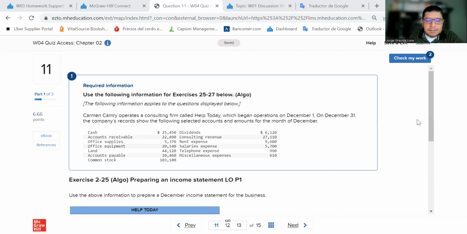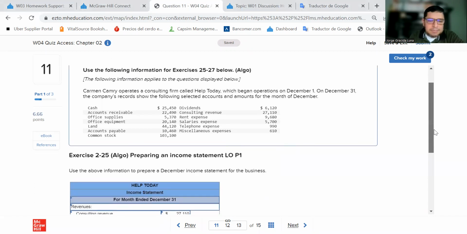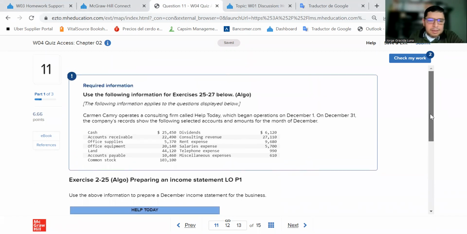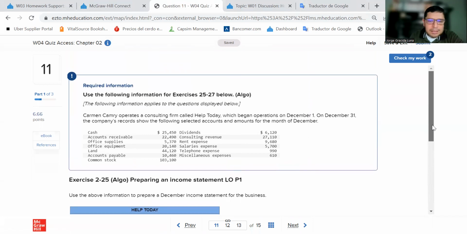In this case, we're going to start with the income statement. The first step, I think, is to analyze the accounts that we have in this part. We know that the income statement requires revenues and expenses to get the net income.